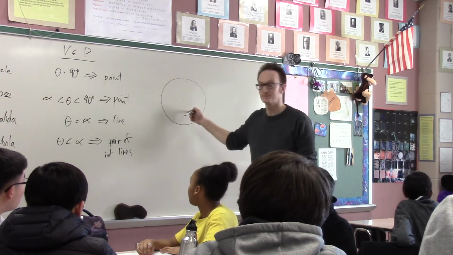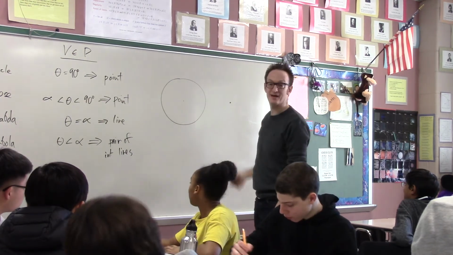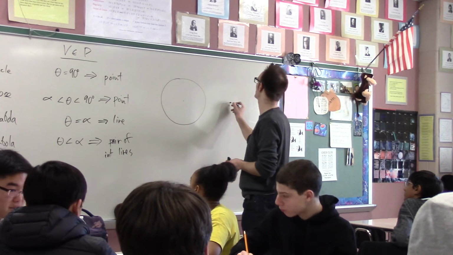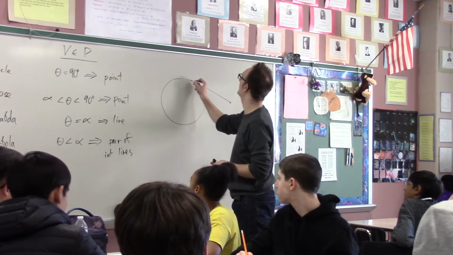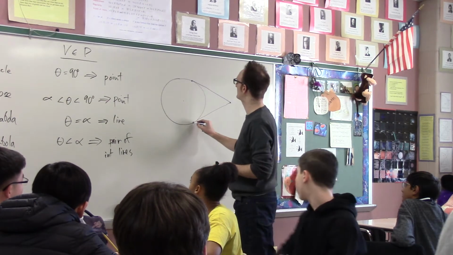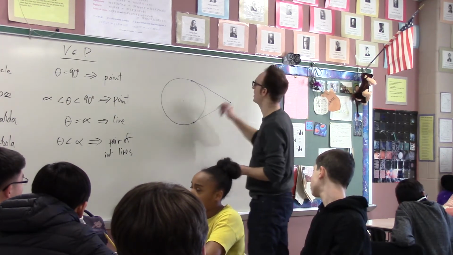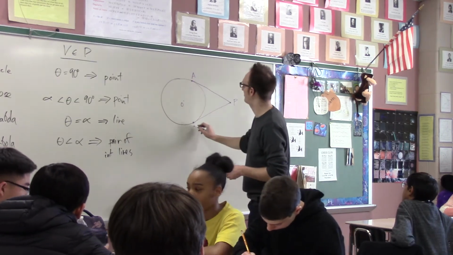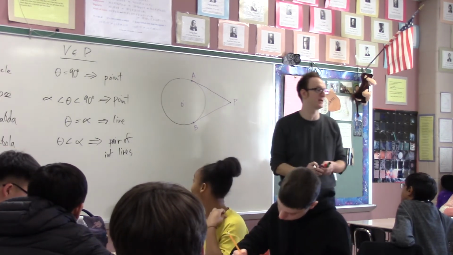So take a circle, take a point outside the circle, and draw the tangent segments from that point to the circle. Call this circle O, this P, and these AB. Please prove to me that these two purple lines I have just drawn, AP equals BP.